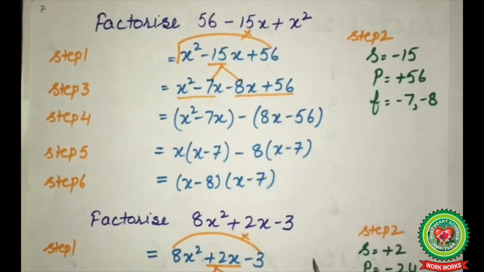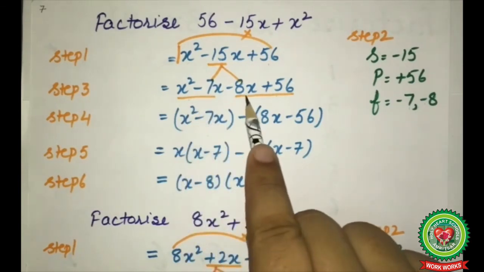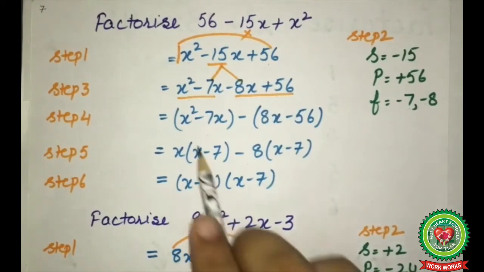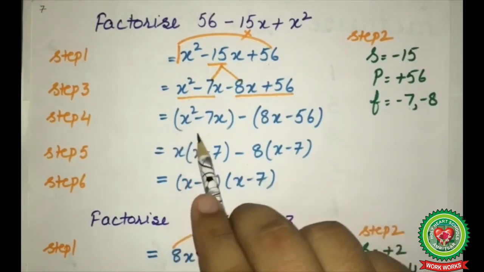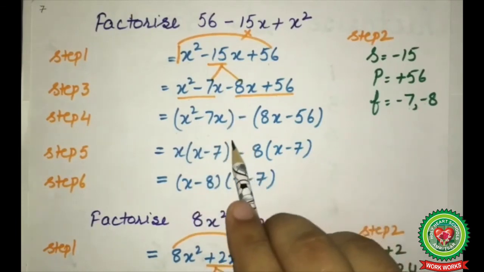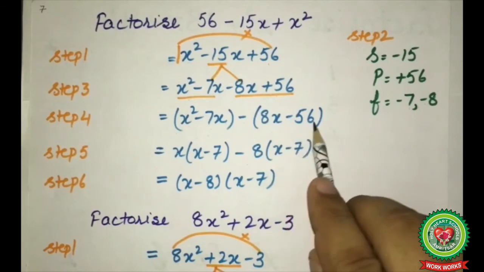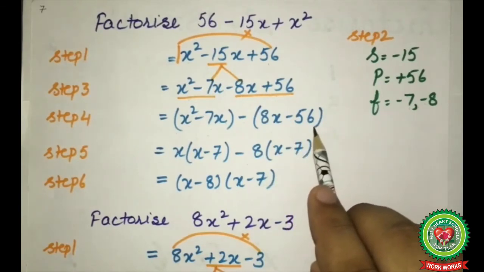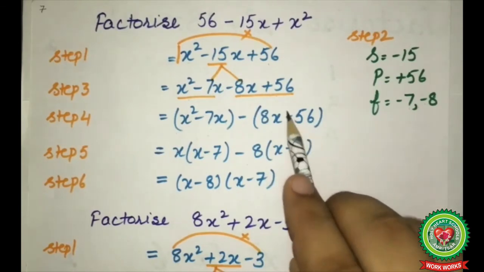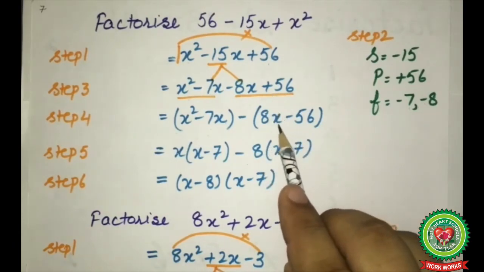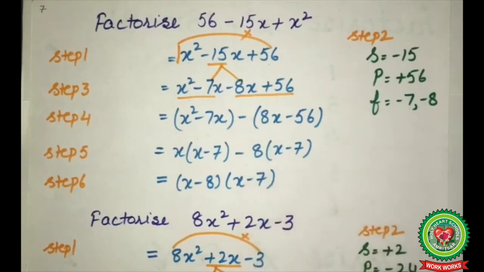Now the next step is that we need to do the grouping of first and second term and third and fourth term. So on grouping, we get (x square minus 7x) minus (8x minus 56). Now in this example also, the sign inside the bracket will change as the sign outside the bracket is minus.